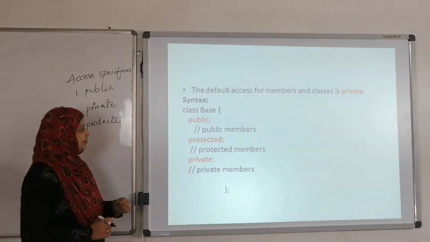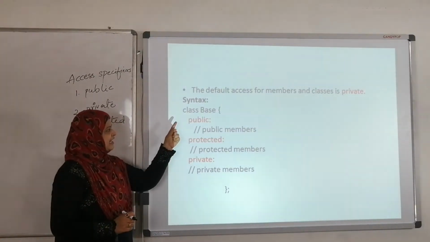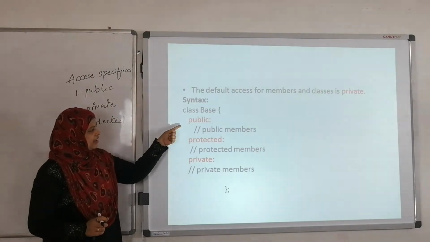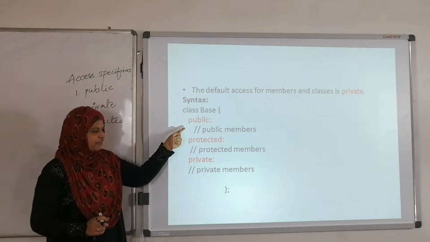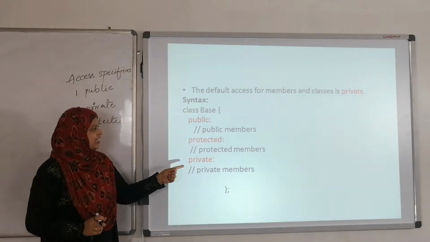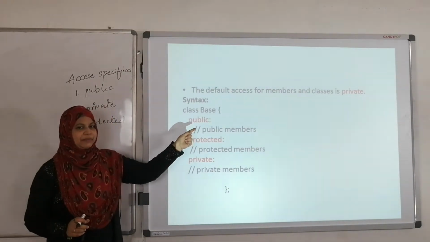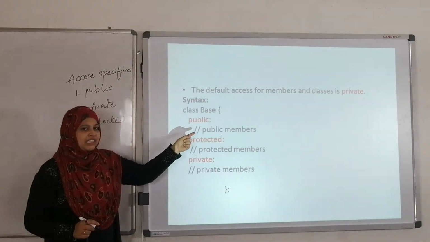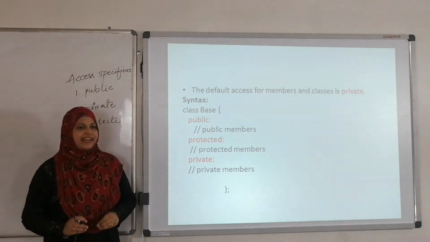See here, for example, I am defining one class, base. In this class base, I am going to use the public access specifier, protected access specifier and private access specifier. Whatever data members or member functions are declared in the public access specifier can be accessed anywhere.